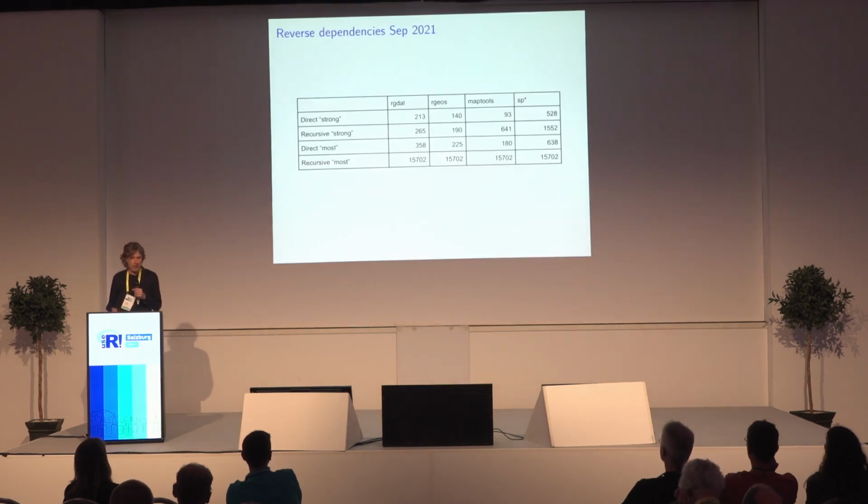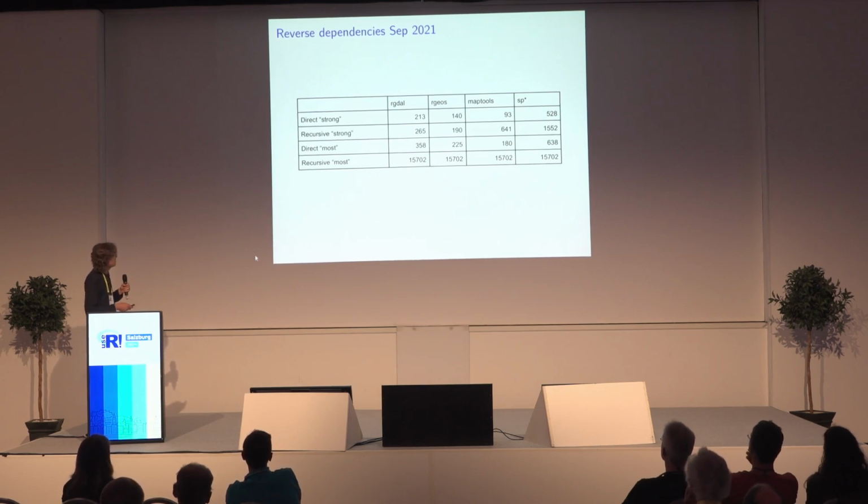Now, what we had with the packages that we're going to retire, RGDAL, RGEOS, and MapTools, is that we see there the dependencies. The strong dependencies are the dependencies Depends and Imports, right? Packages for which, for instance, RGDAL is really necessary to run. And the most dependencies include also Suggests. That means packages that suggest RGDAL and that could be functional without having it, right?